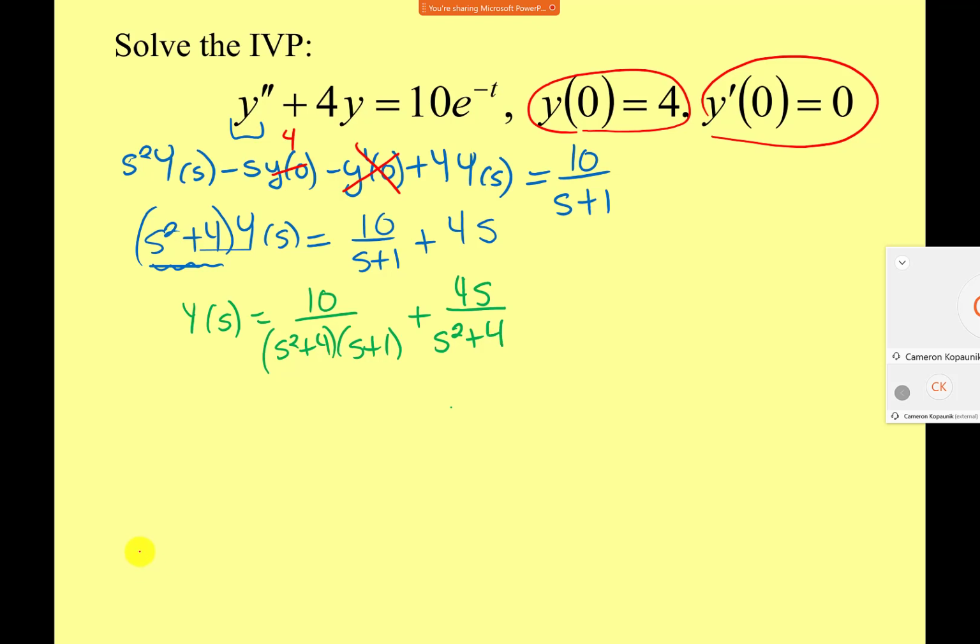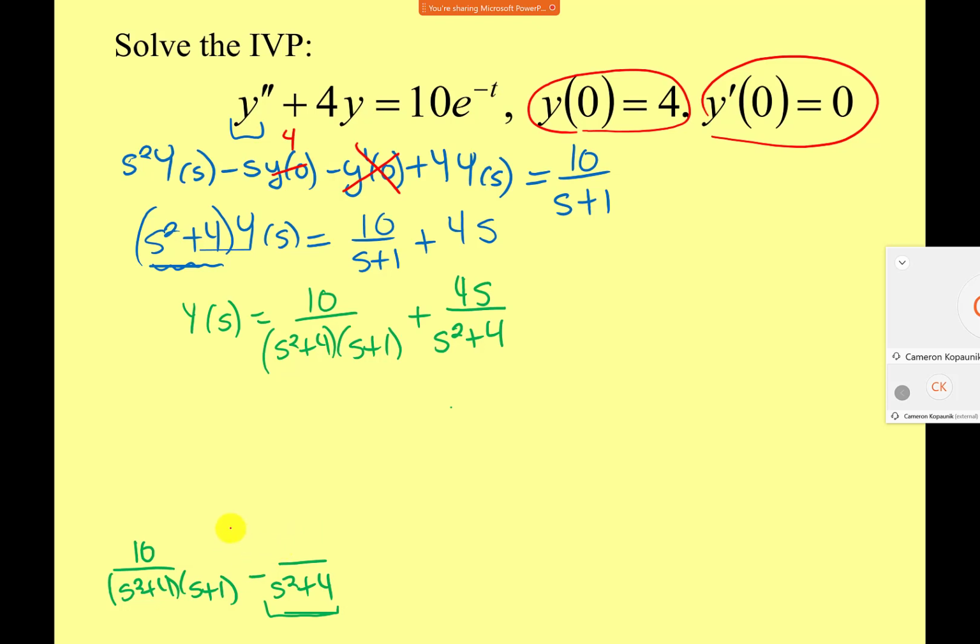All right, so let's put that down here. So I got 10 over s squared plus 4 times s plus 1. This is going to remind us how to handle a quadratic factor in partial fractions. And this is going to be s over s squared plus 4, and then I see, wait a minute, that's a quadratic factor.